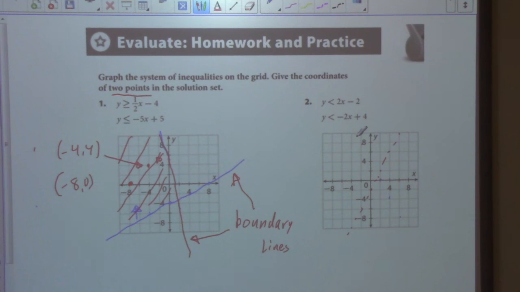And then since both point to the left, that's less than. So it'll be below the negative line and to the left of the positive line, and it's a dash line too, you said?